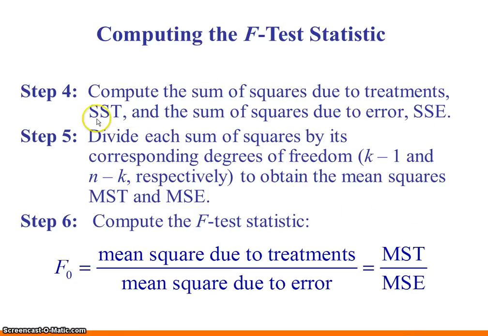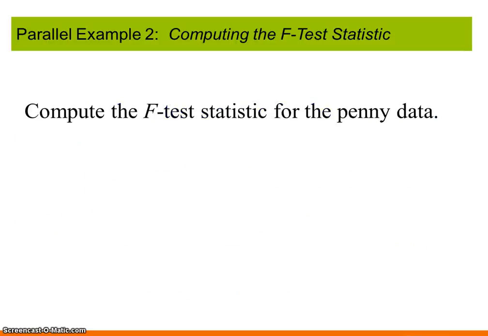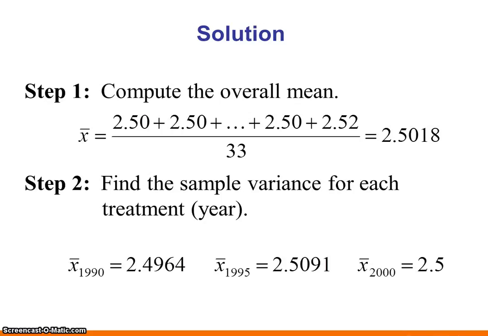That will allow you to compute the test statistic. So there can be a lot of computations here, especially if you're doing this by hand. So I'll probably, on the exam, work out at least some of the computations for you, if not all of them. Let's actually go through computing the F statistic in this case.